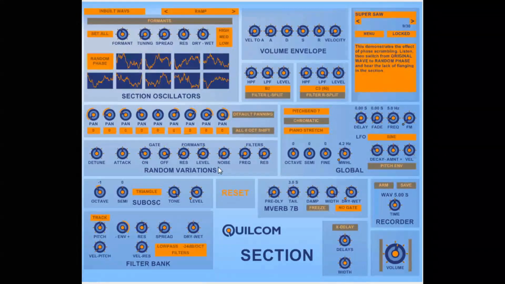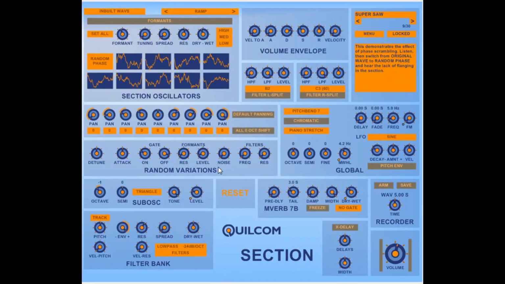Now, in order to create nice variations between the individual oscillators or players, you have a number of random variations that you control. Detuning is the obvious one. You can vary the attack time, the gate on and off time for timing.